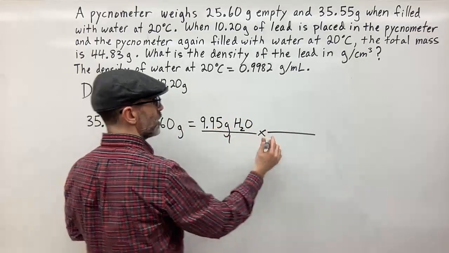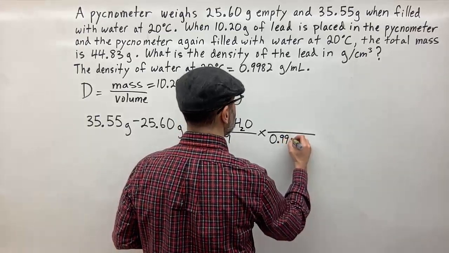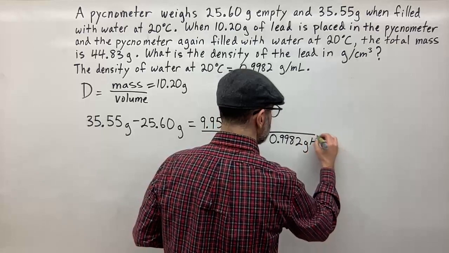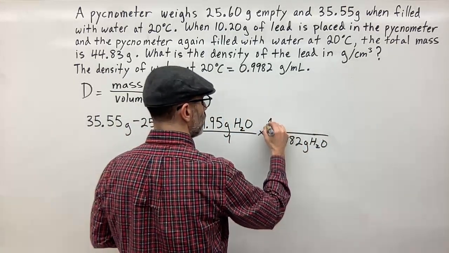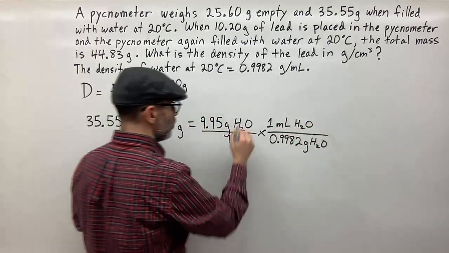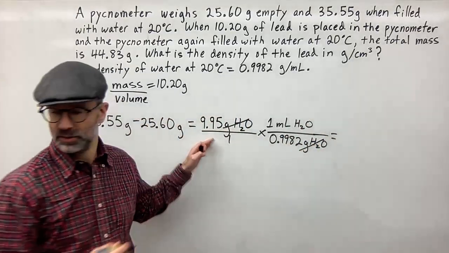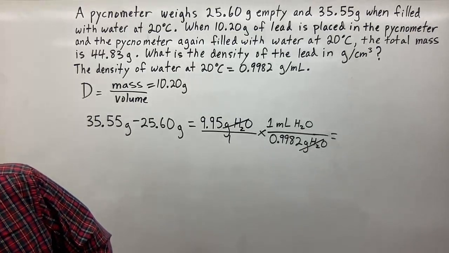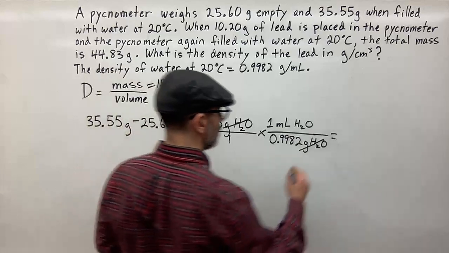I have grams here, so it's 0.9982 grams of water on the bottom and 1 milliliter of water on top. Grams cancels out, and when we calculate this, we get 9.9679.